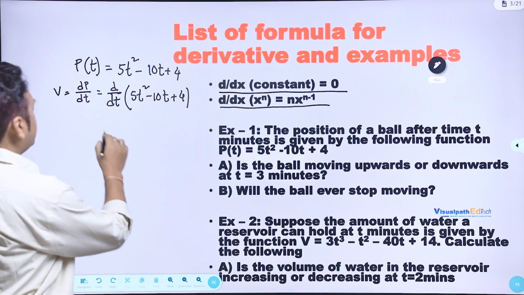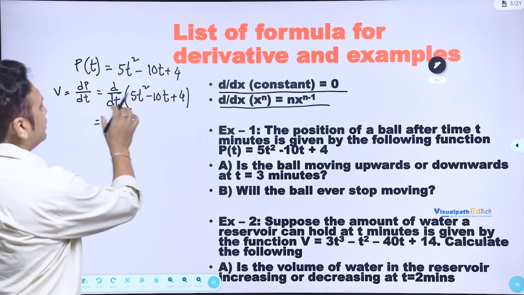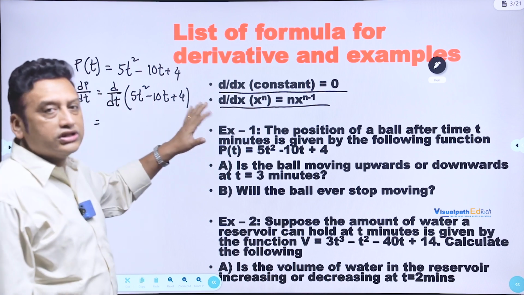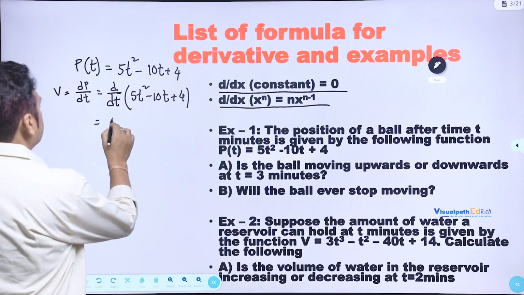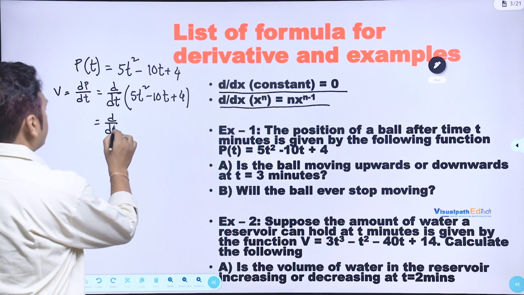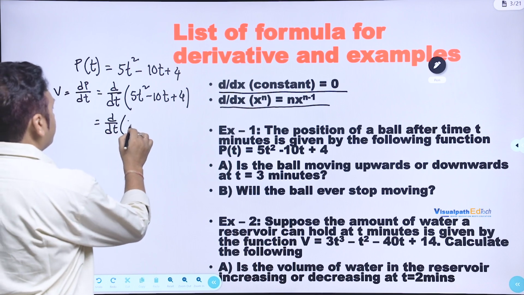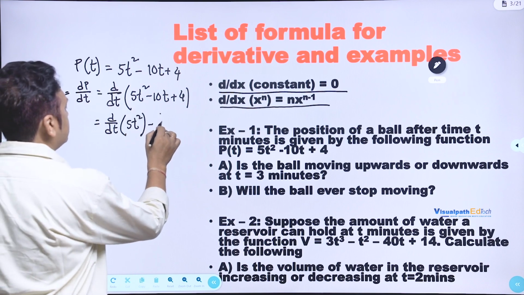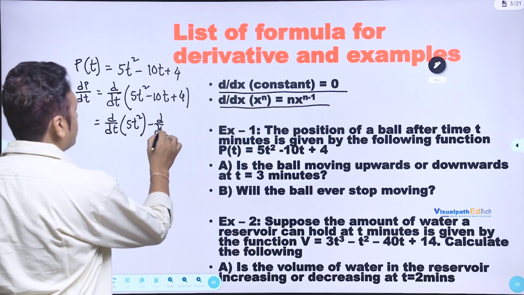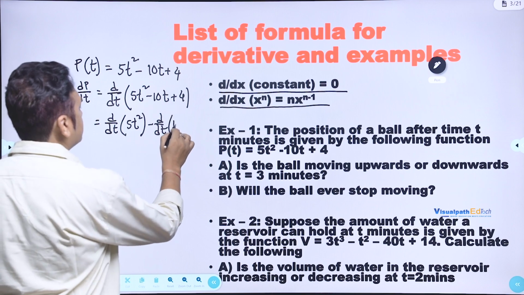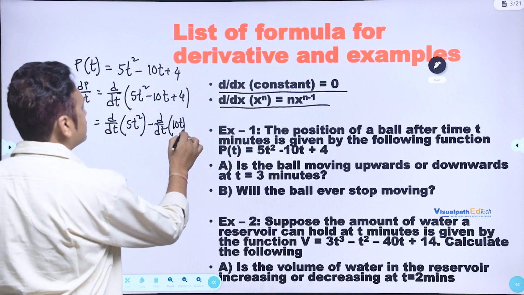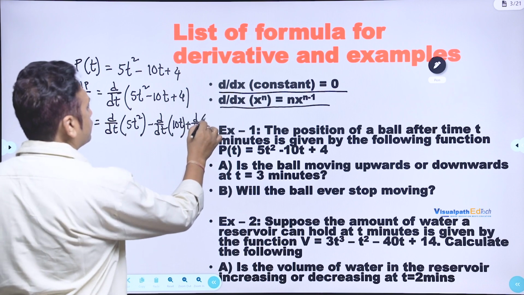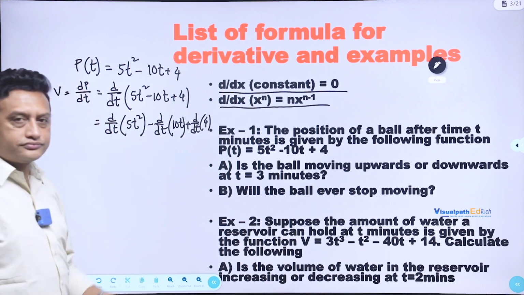Okay, now derivative says the d/dt can be attached to all the terms. So we can write d/dt of 5t² minus d/dt of 10t and plus d/dt of 4. Okay.